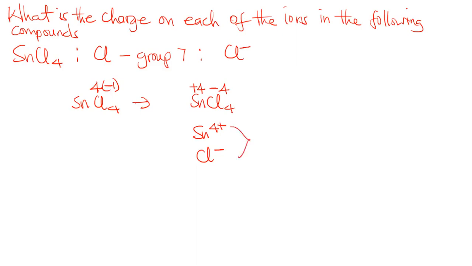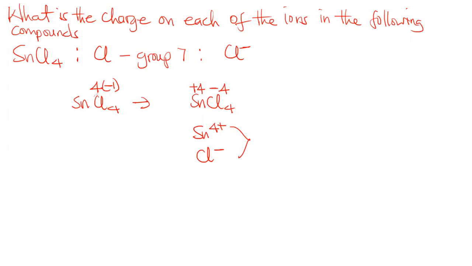So these are the two ions present in tin and chlorine. So here, just take note that we have 4 chlorine, not just 1. Each chlorine here is -1. So you have to multiply by 4 to get the total charge of chlorine.